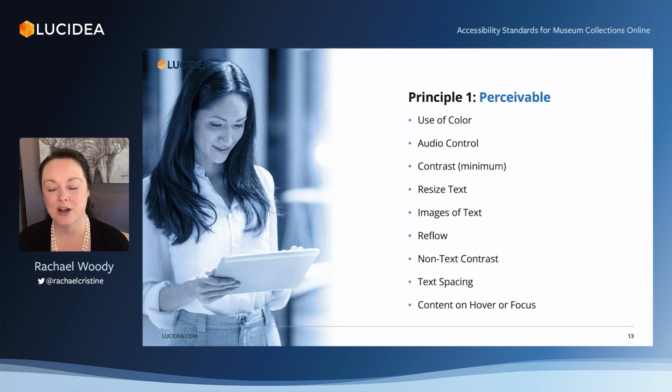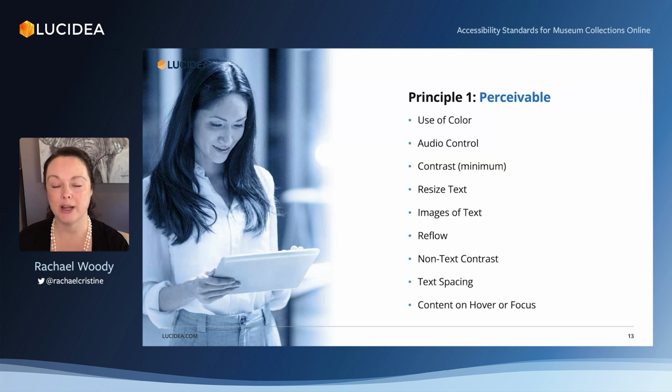And then content on hover or focus. Hover and focus is typically when you take your mouse and hover over a particular element, whether that is an image or some text, and maybe there's a pop-up window or some additional text that shows up as you do that. That capability should be dismissible as well as persistent if hover and focus is removed.